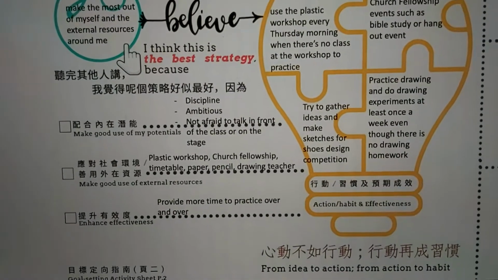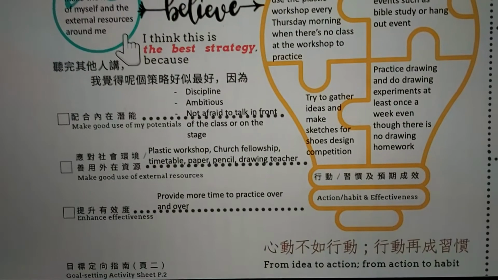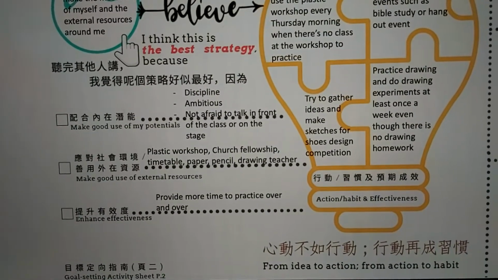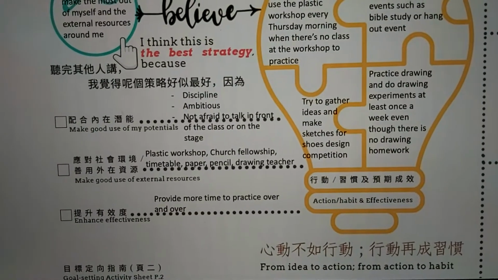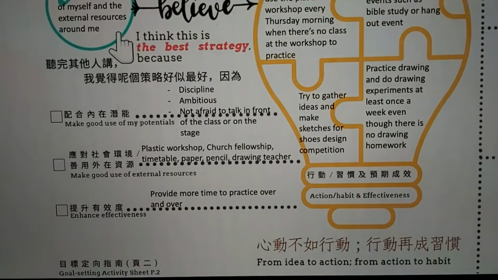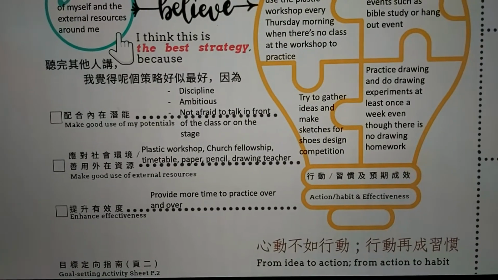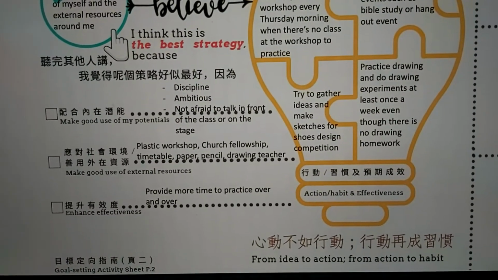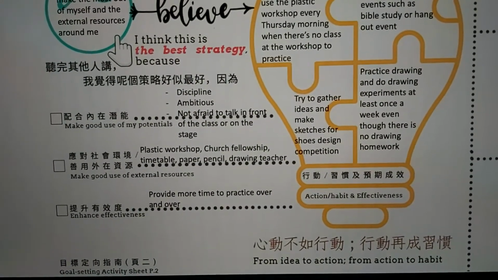And the external resources that I can use are the plastic workshop provided in Hong Kong DI, the church fellowship that I joined in Hong Kong, the timetable provided by Hong Kong DI in my portal, and the VTC app, paper, pencil, and also the teacher who teaches me drawing to improve my drawing.